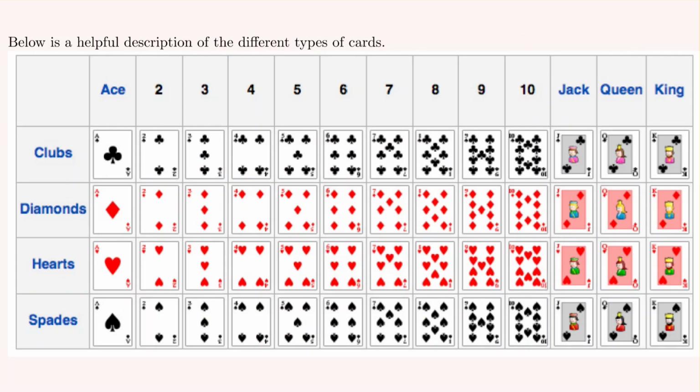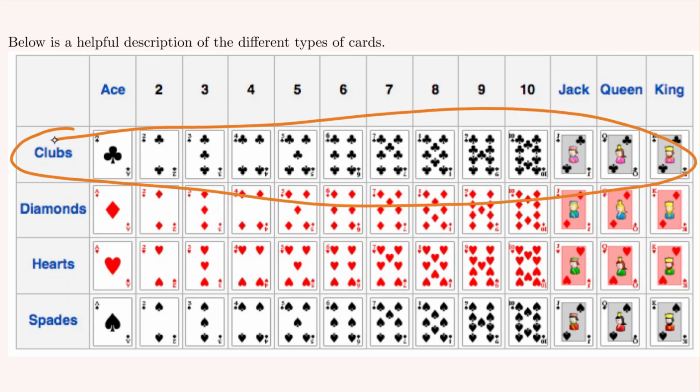Now it just happens that many of our examples will discuss cards because it's an easy reference, there's different descriptions, it just works very nicely for counting problems. However, I know not everybody might have played a card game, so if you're not familiar with cards, then this table will be helpful for you. First of all, it shows that we have 4 suits.